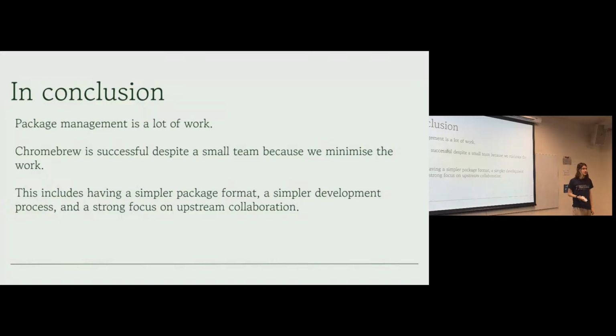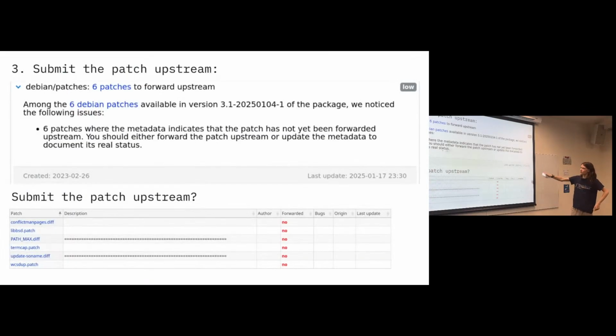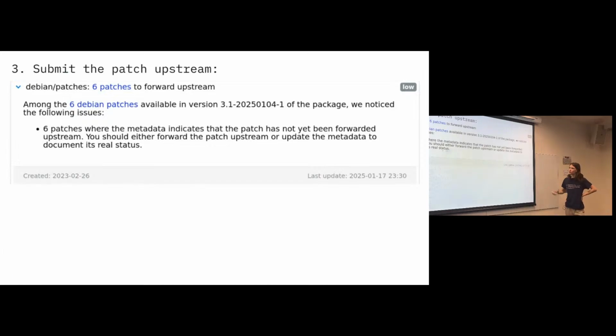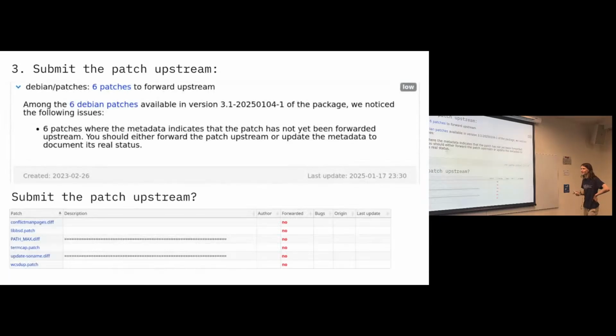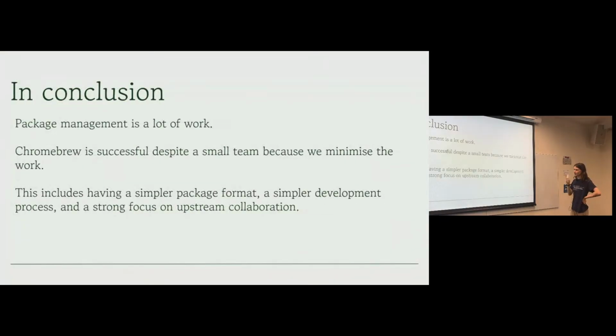For example, when a bug has existed for 20 years, we fix the bug. We fix the bug. We don't stand around going, we should upstream this, right? We should upstream this. We should probably upstream this. It's been 20 years. Should we upstream this? No, we shouldn't. Apparently not. Strong upstream collaboration.